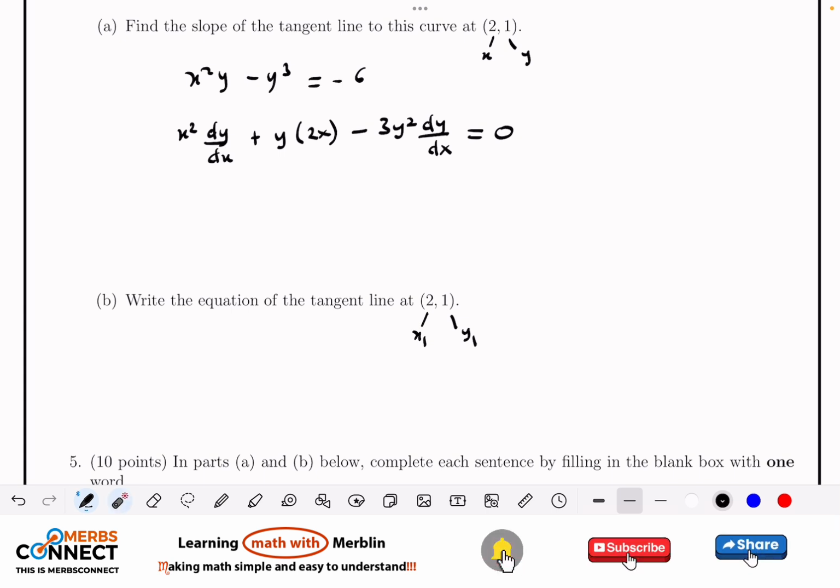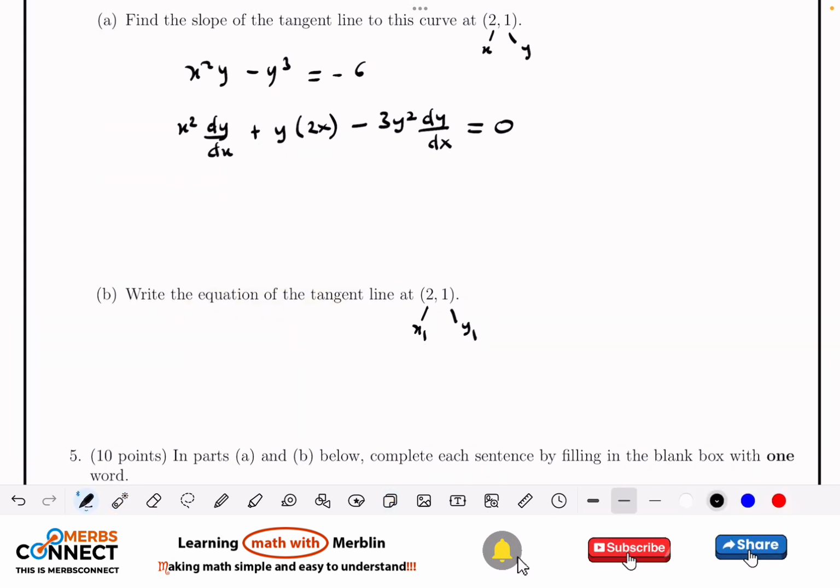So we are done with the hard work. All we need to do now is substitution and find dy over dx. So let's plug them in. x is 2, so 2 squared dy over dx plus y is 1 times 2x, which is 2, minus 3 times y, which is 1 squared, dy over dx equal to 0.